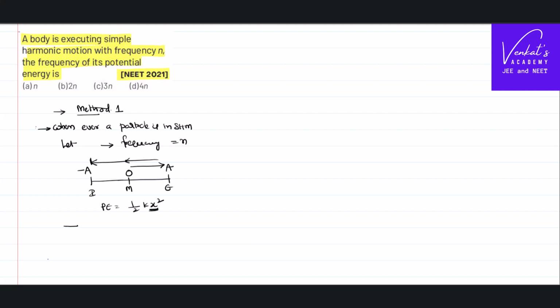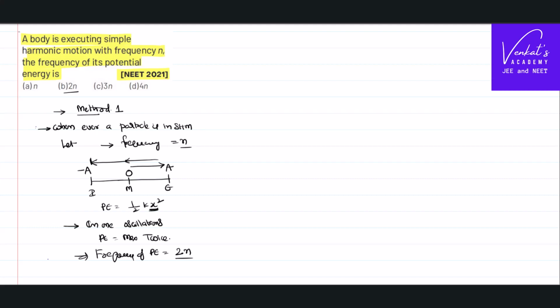So what we can notice is, in one oscillation potential energy becomes maximum twice. That implies the frequency of potential energy is also twice the original frequency. The original frequency is n, so the potential energy frequency is 2n.